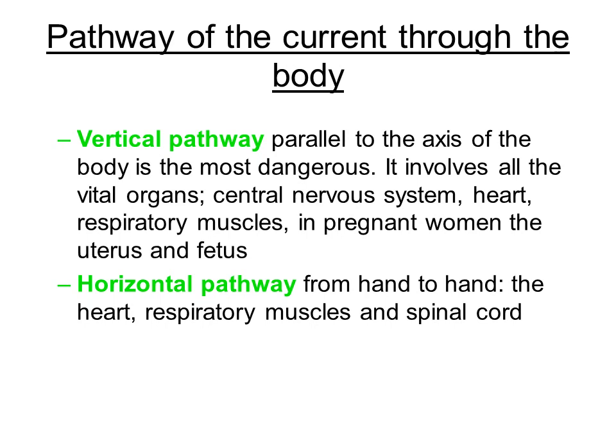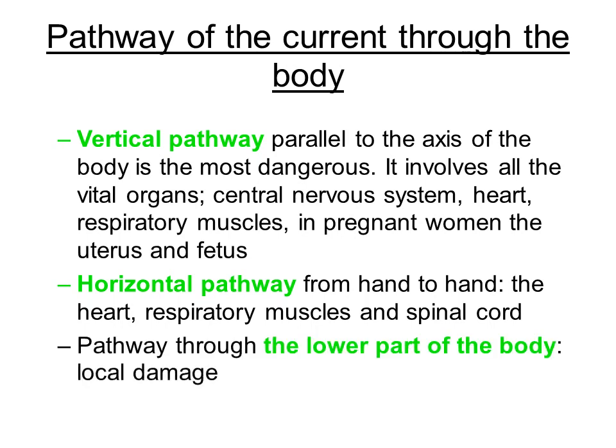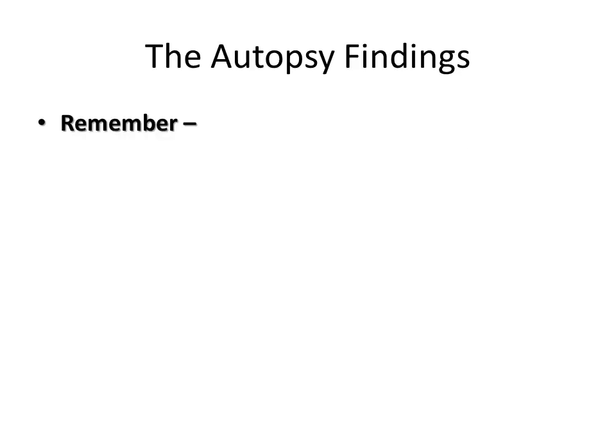The second one is the horizontal pathway from hand to hand, and the commonest involvement is the heart, but it can also involve the respiratory muscle and the spinal cord. Pathway through the lower part of the body usually causes local damage. So this is a good one if it happens through the lower part of the body.